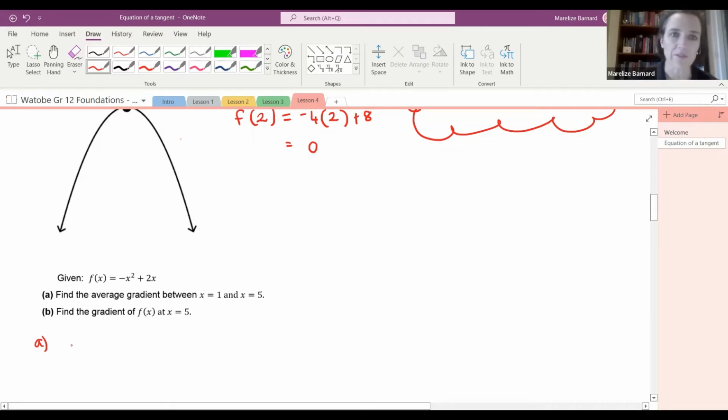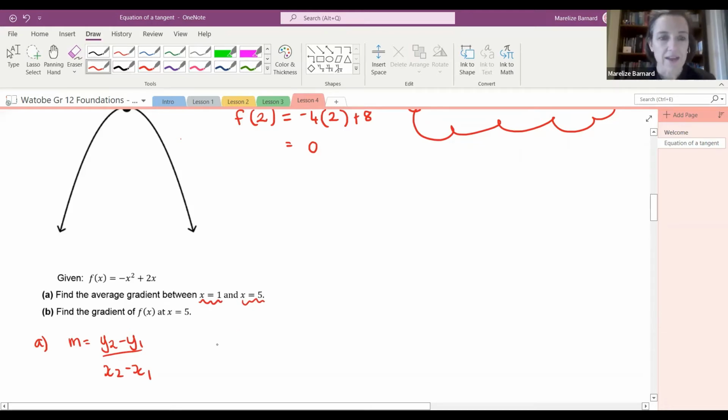If you remember from that very first lesson, we did average gradient as well. You do y2 minus y1 over x2 minus x1. So the point really is that you need two coordinate points. The question's given us x equal to 1 and x equal to 5, but we don't have y coordinates. So we're going to need to find the y coordinates first before we can do this.